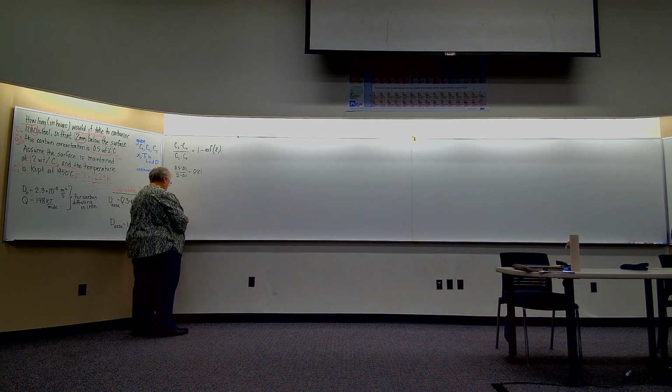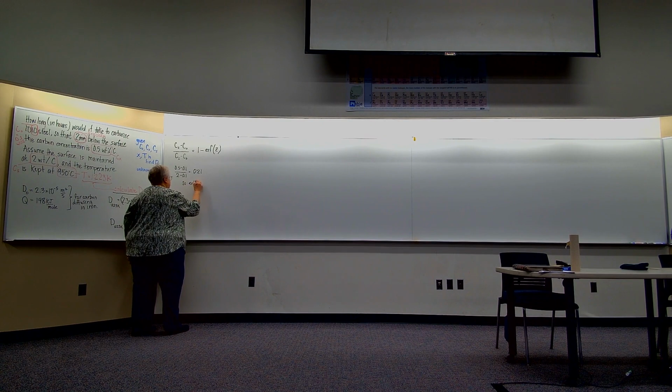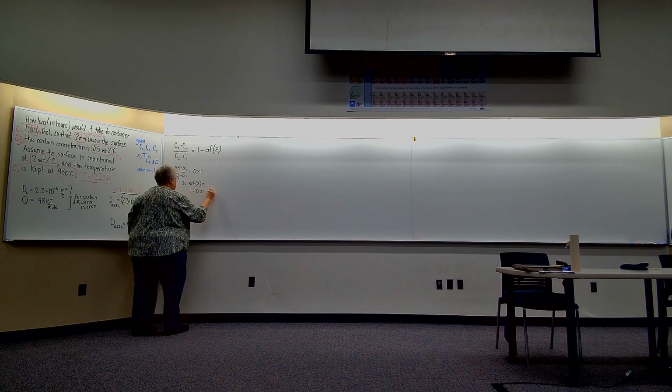Check that. 0.4 divided by 1.9, yeah. So error function of Z, its value, will be 1 minus 0.21, which is 0.79.